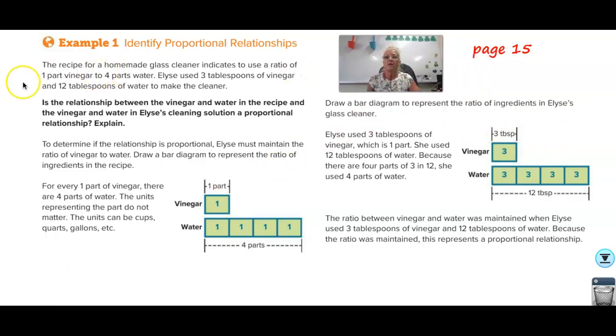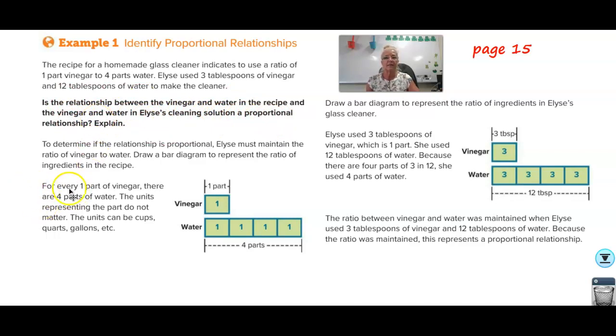All right. So the recipe for a homemade glass cleaner indicates to use a ratio of 1 part vinegar to 4 parts water. Okay. Well, Elise used 3 tablespoons of vinegar and 12 tablespoons of water to make the cleaner. Is the relationship between the vinegar and water in the recipe and the vinegar and water in Elise's cleaning solution a proportional relationship?